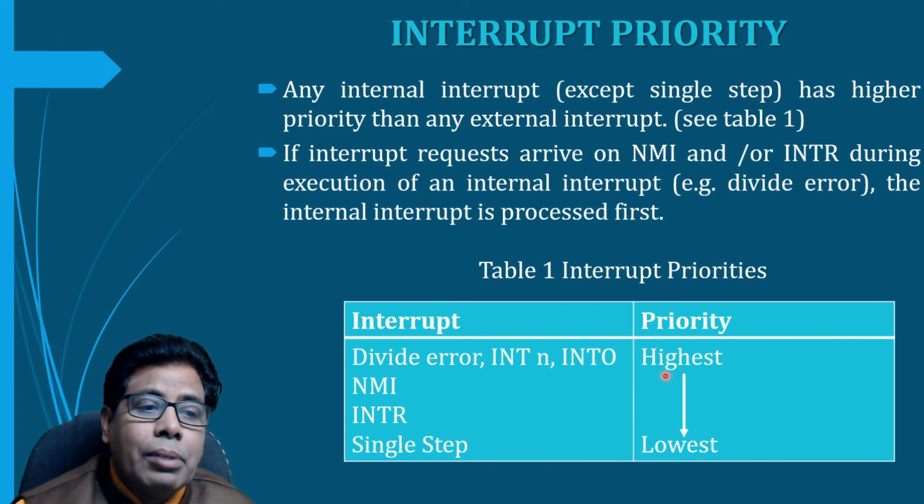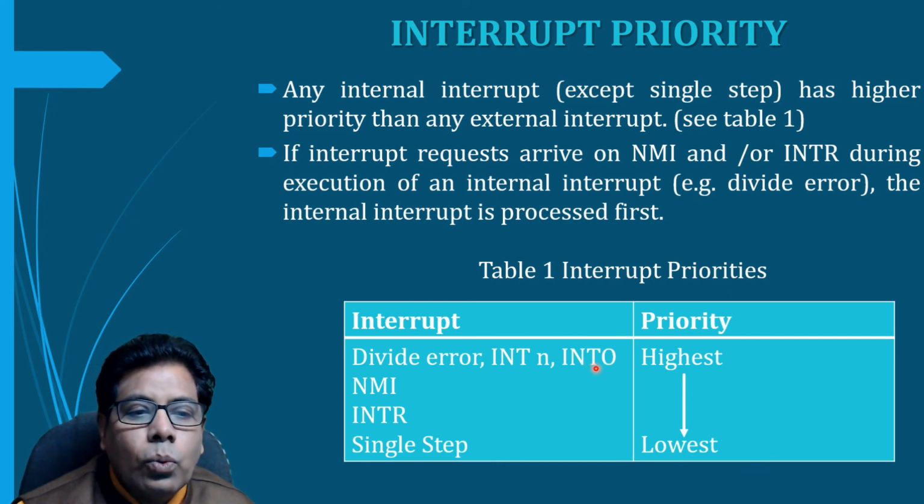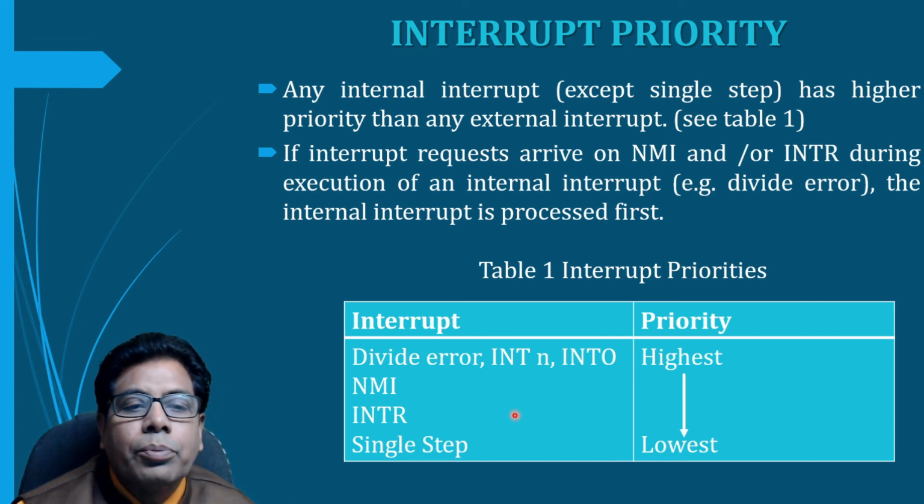If you look at the table, the divide error, INT n and INTO, the overflow interrupt, have the highest priority. Then the next priority is for the NMI, and then for the INTR. The lowest priority is for the single step interrupt. So these are the interrupt priorities in 8086.